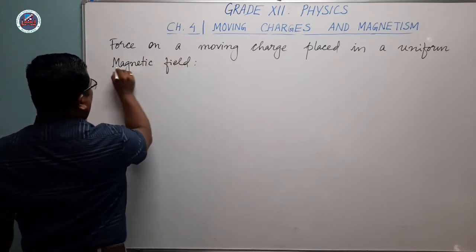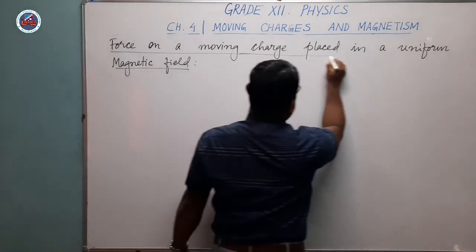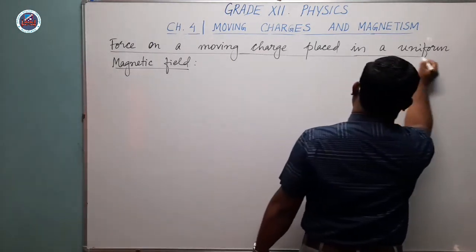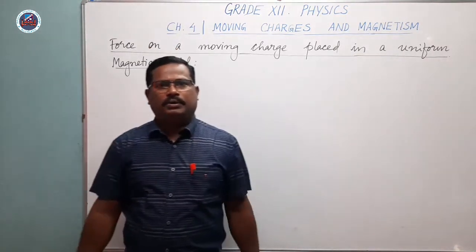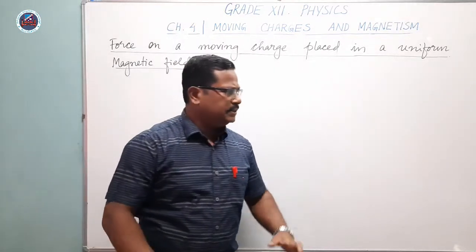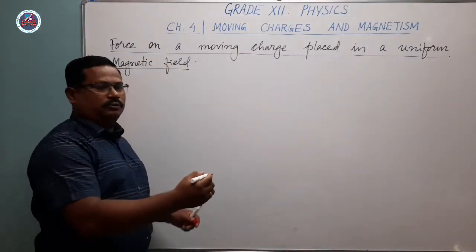So when we allow a charged particle to move in a magnetic field, then the charge experiences some force. Let us see what type of force or what is the expression for force.